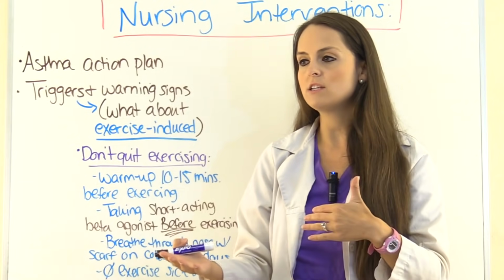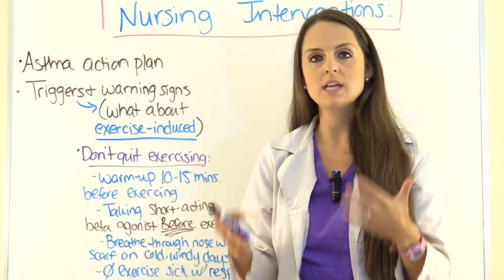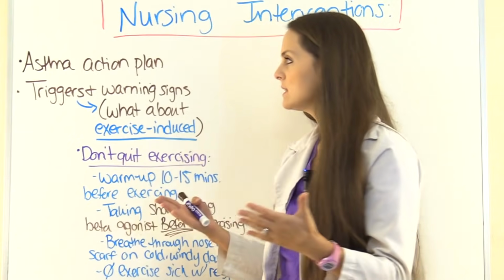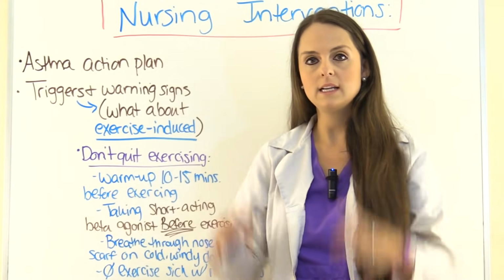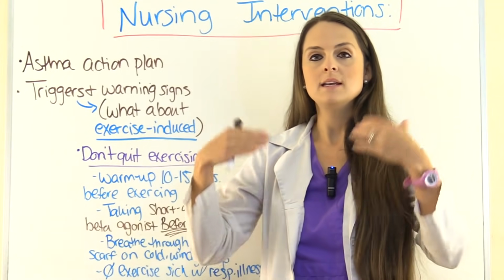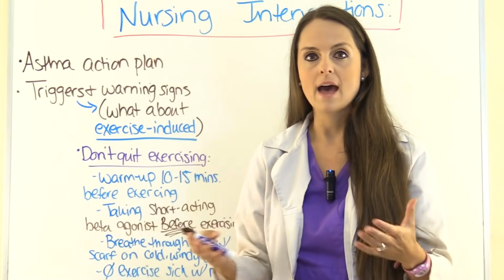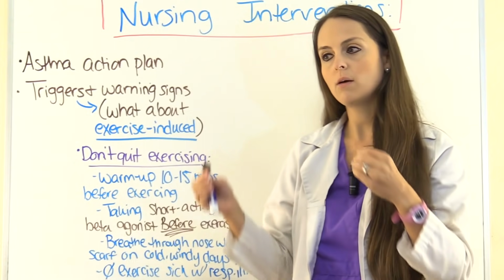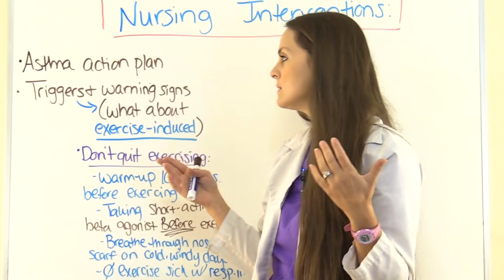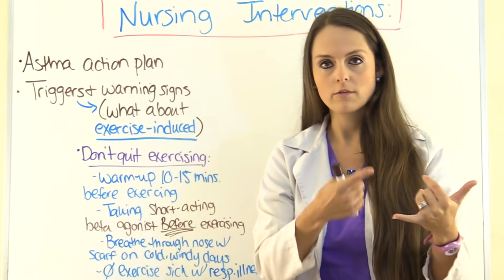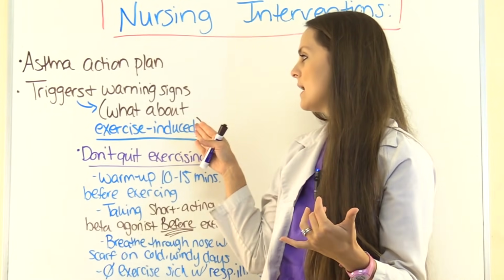You need to quiz the patient and make sure that they understand how to do that, because following these action plans and using the peak flow meter really helps decrease the patient being admitted with an asthma exacerbation. Really helping prevent them from having to even come to the hospital is great, along with teaching them those triggers that we just went over earlier and those warning signs.